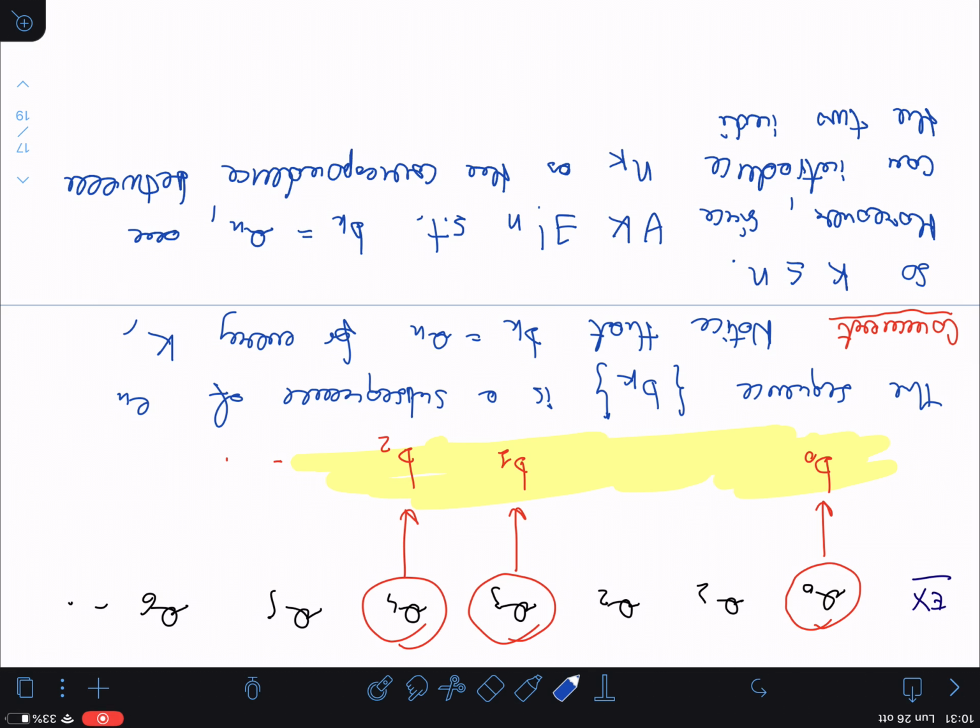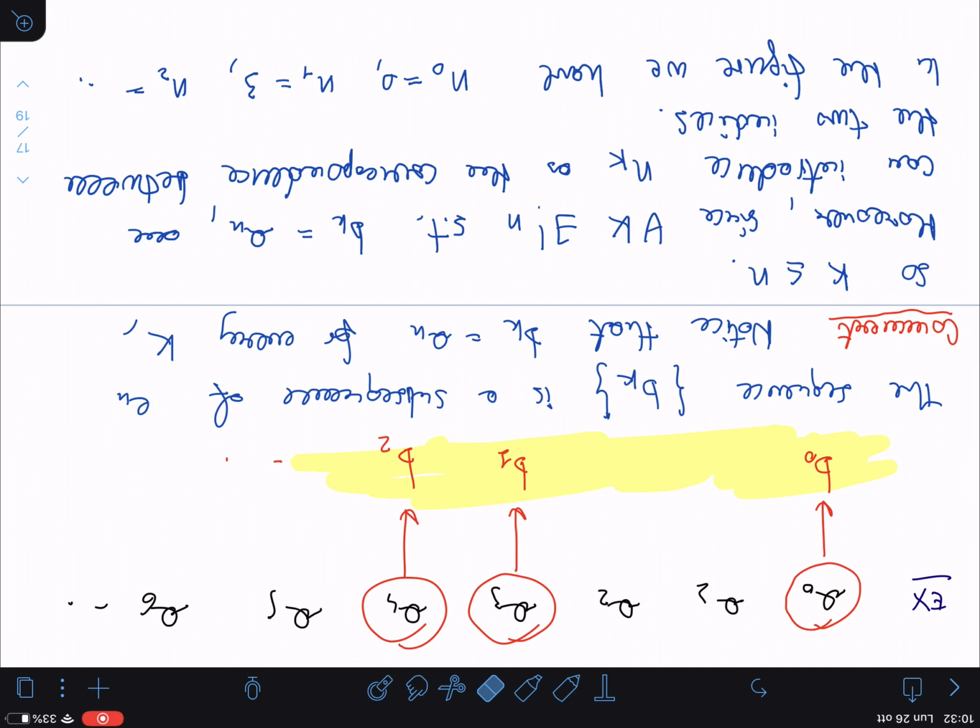In the figure we have n_0. So when k is equal to 0, n is equal to 0, so n_0 is equal to 0, n_1 is equal to 3, n_2 is equal to 4, and so on and so on.